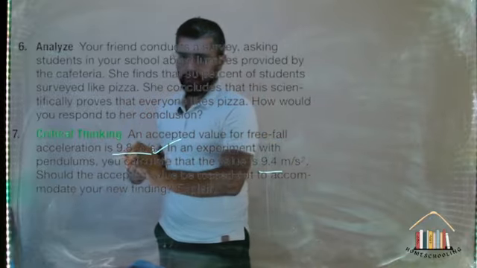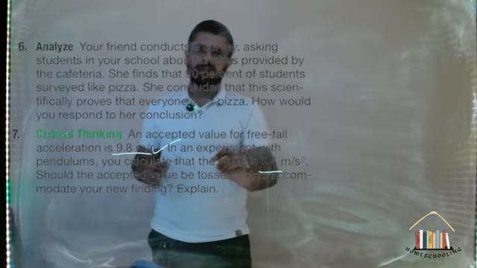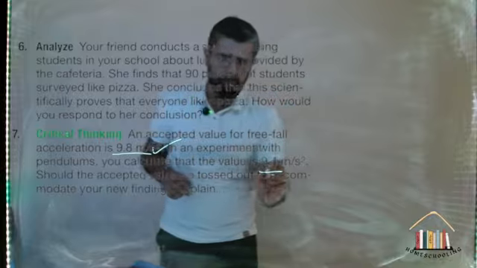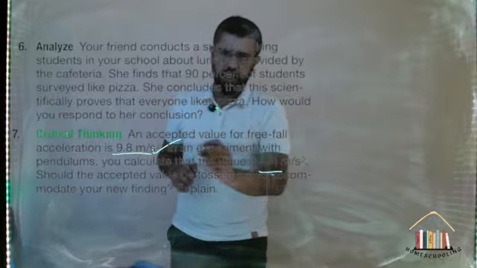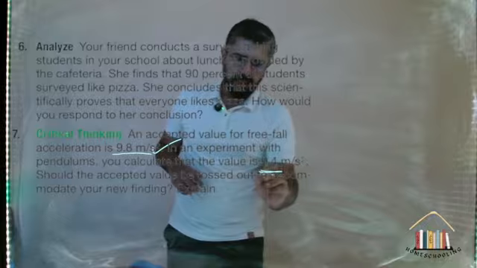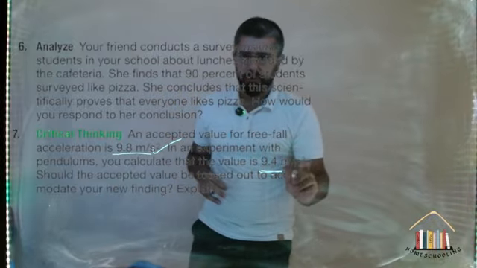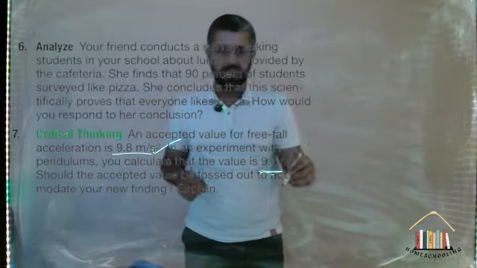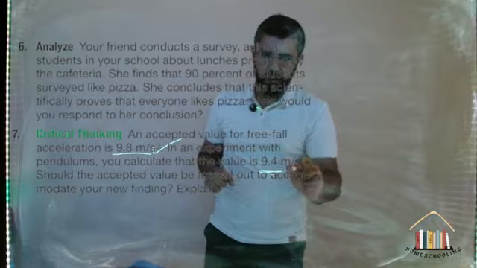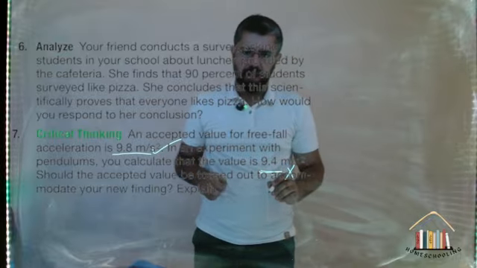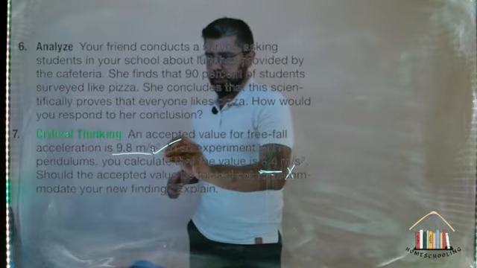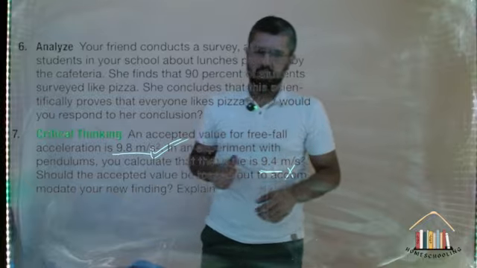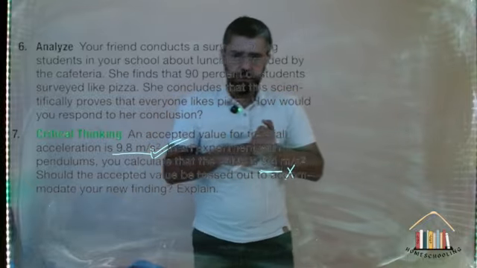So this 9.8 value has been approved by physicists and scientists. However, my value is close to the real one, but I did this experiment and it's not peer reviewed. It has not been accepted or approved by other scientists or physicists. So that's why I have to reject my value and keep the value already known in the community. Okay, that's it for chapter 9, the first section.